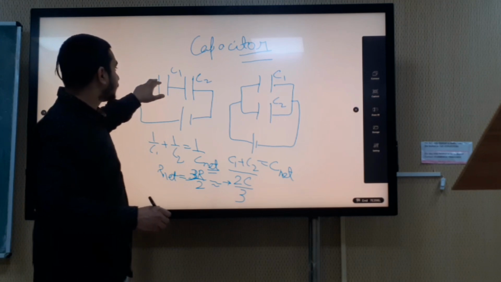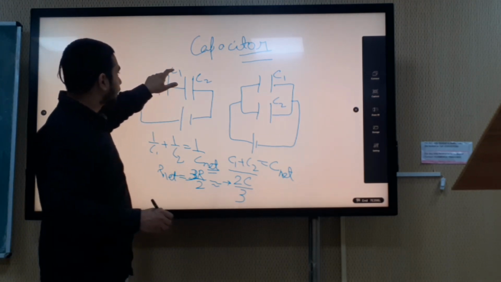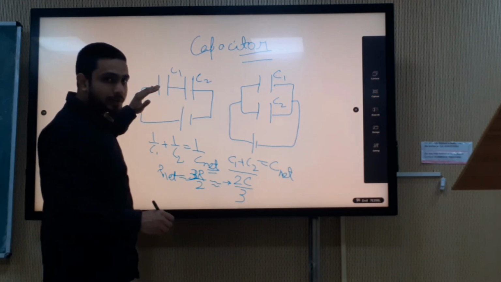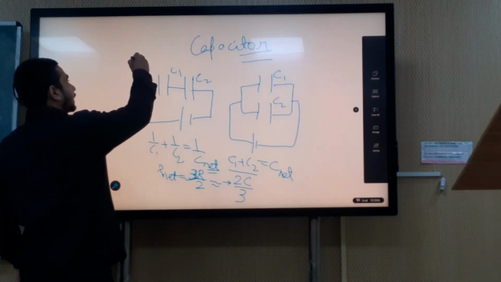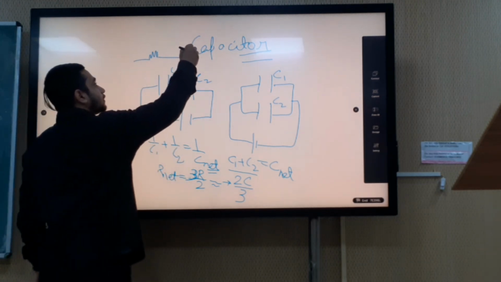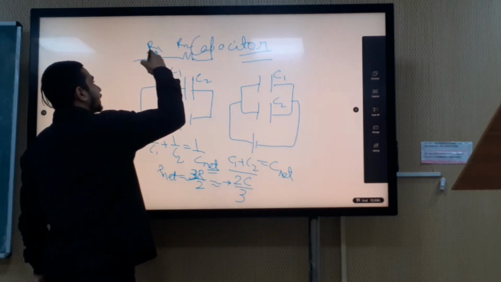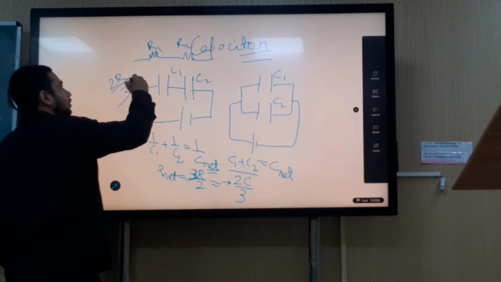Suppose we change this arrangement like this, with R1 and R2, and the net resistance came out to be 2R by 3.